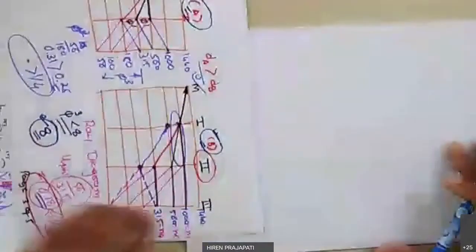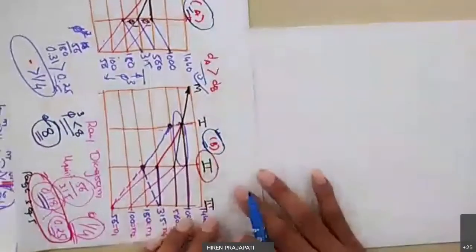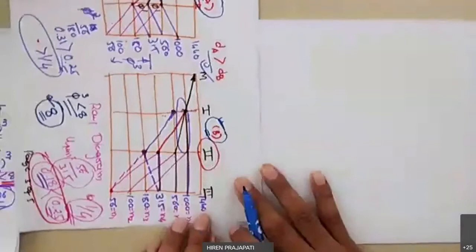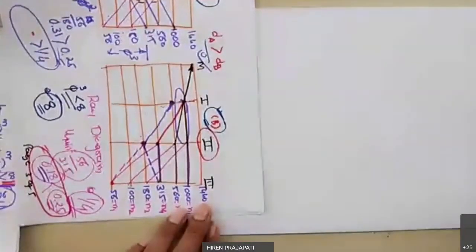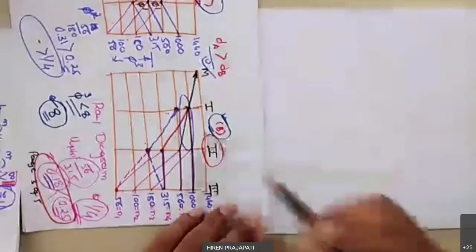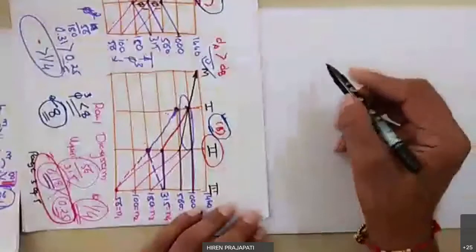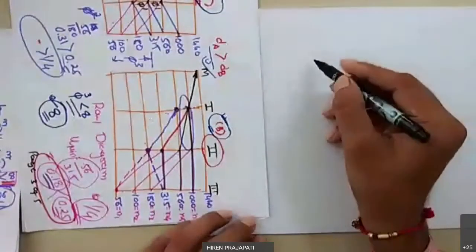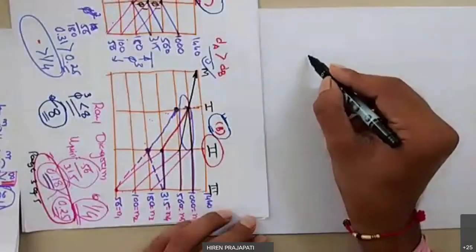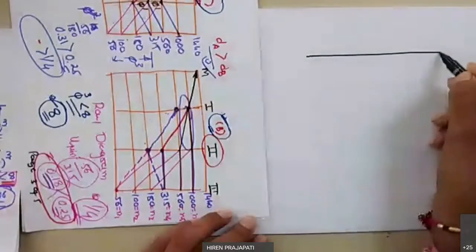So I am reorienting this structure diagram. I hope it is visible properly. Okay, let me now draw the gearbox structure layout based on this ray diagram. First of all, this I say is the motor shaft.